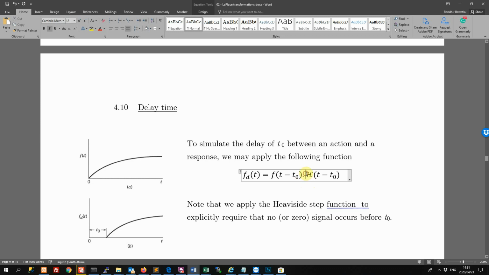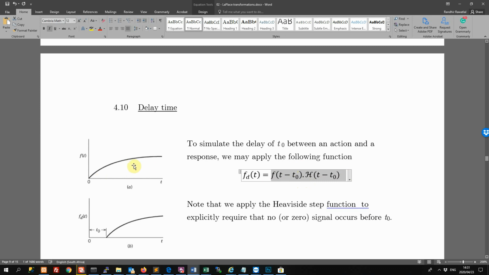And we want to zero out the time. If we have times less than t naught, we don't want to find values and send those back out to our delay function. What we want to say is let this be 0 if we are less than t naught, and then after t naught, that's the function.